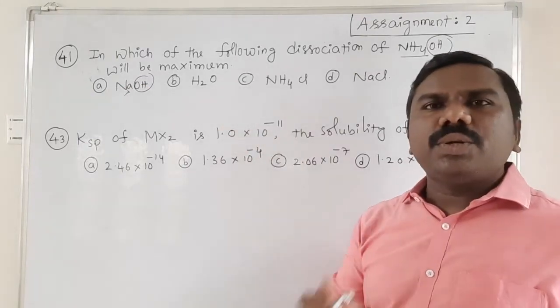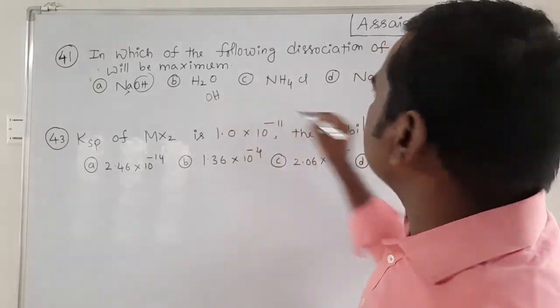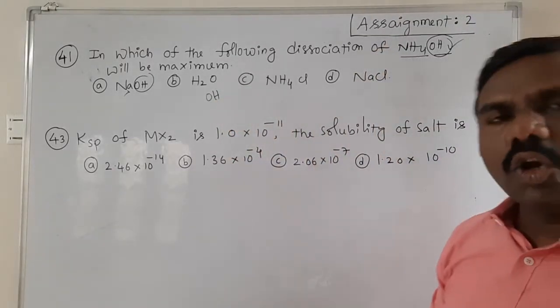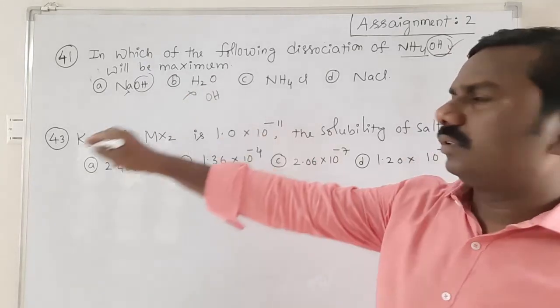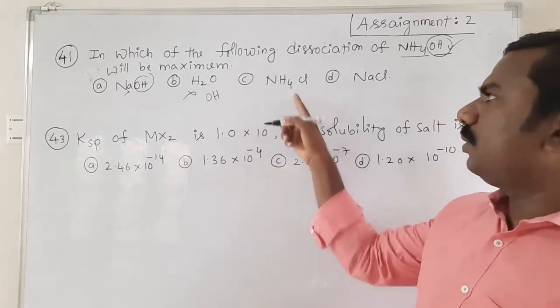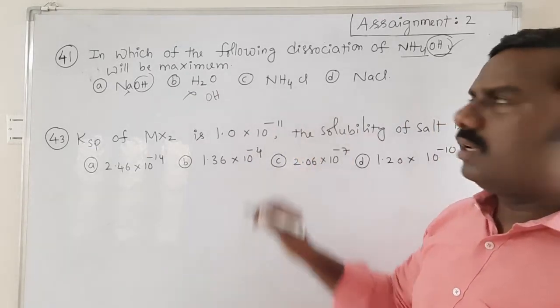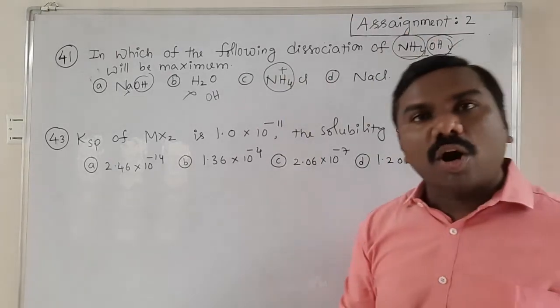H2O dissociates into H plus and OH minus. Here also OH minus, here also OH minus. The common ion effect is there, so it is less soluble, that's why it is the wrong option. NH4Cl dissociates into NH4 plus and Cl minus. NH4 plus and NH4 plus are both common ions.